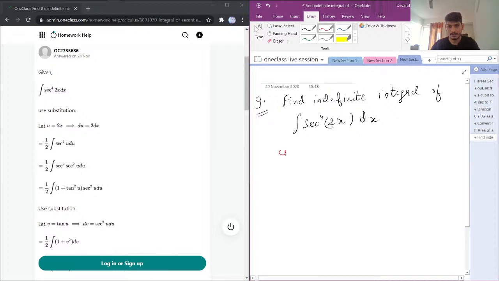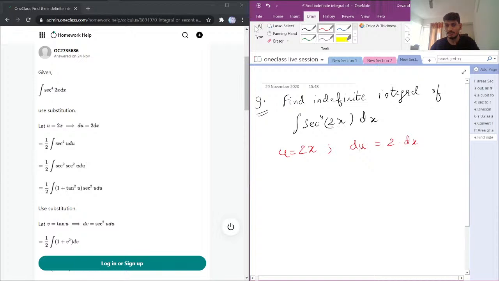I will write u as 2x, and then I will differentiate u equal to 2x. So du will be equal to 2 times dx. Now I will substitute u and dx back into this equation.